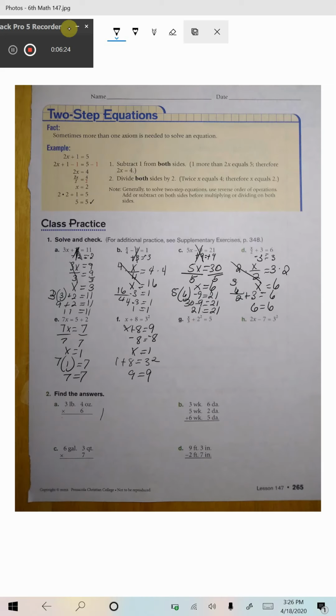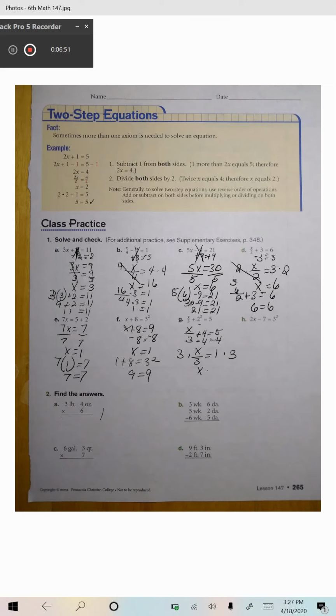Okay, so this one, they're going to throw an exponent in there. Just do it first. Now, subtract that 4 on both sides. Over here, you're left with x over 3. Over here, you're left with 1. Times it by 3 on both sides.